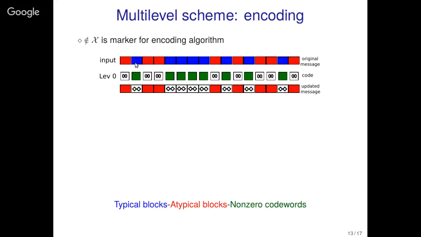If this block is typical, then you place a marker in these blocks to indicate to the next level of the encoder that these parts have already been encoded and are not to be considered any further.